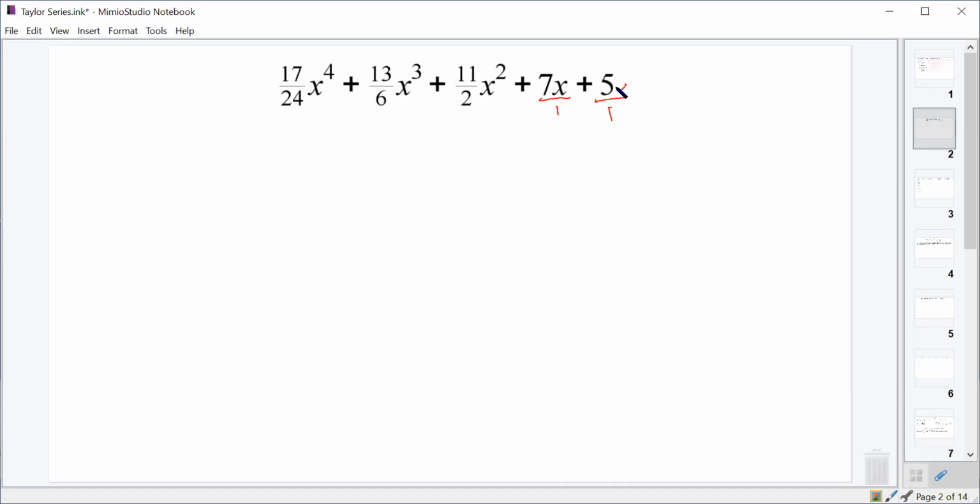This is x to the 0, right? And this is x to the first. Anything interesting we notice about it? Yeah, okay. I like that. You got some factorial stuff right there.